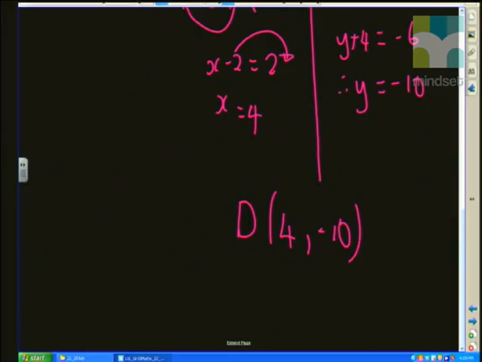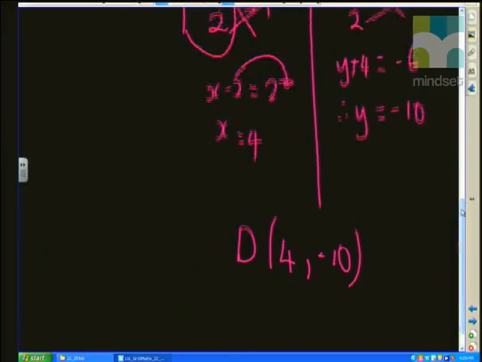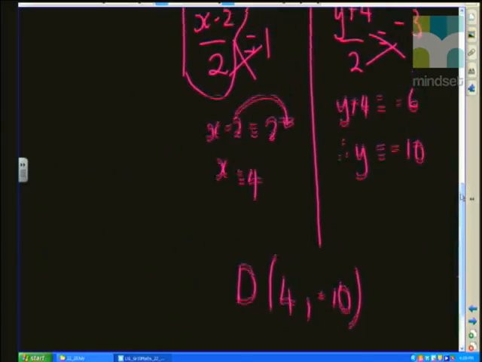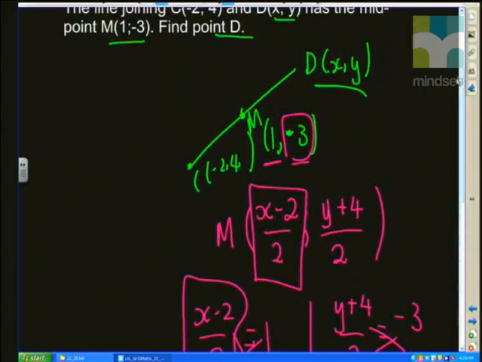And guys, remember, with something like this, you can always go back and check. If the x value at point D is 4, let's see if it makes sense. 4 minus 2 is 2. 2 divided by 2 is 1. Correct. And the y value we got was minus 10.